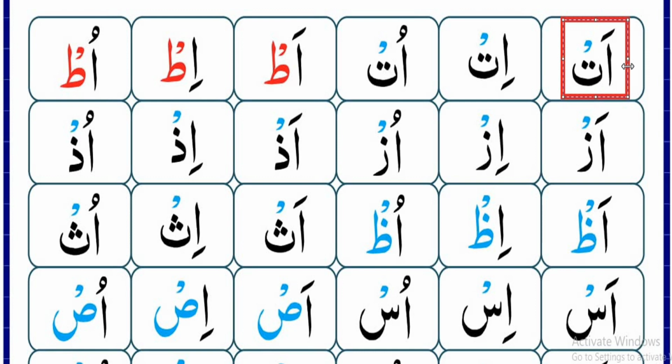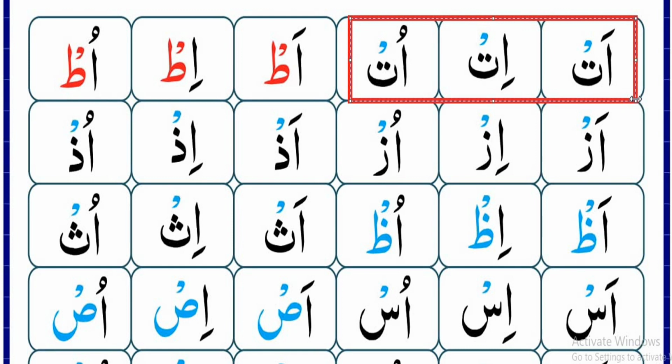That's how you connect a Sakin letter to the previous Mutaharrika letter. The other is Hamza Ta Kasra It. And the last one is Hamza Ta Dhamma Ut. Without spelling, it's At, It, Ut.